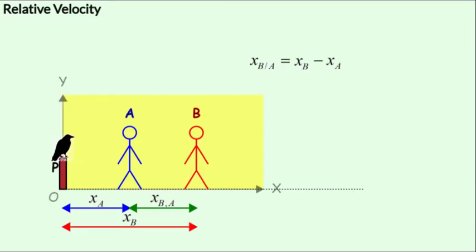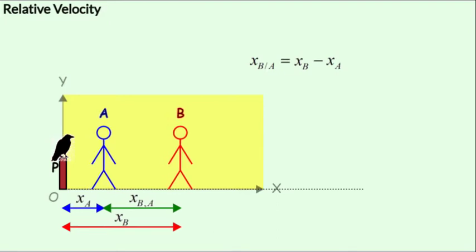In the previous lesson, we derived an expression for the displacement of B with respect to A, and xB with respect to A is xB minus xA. This tells us the displacement of B as seen from A's perspective.